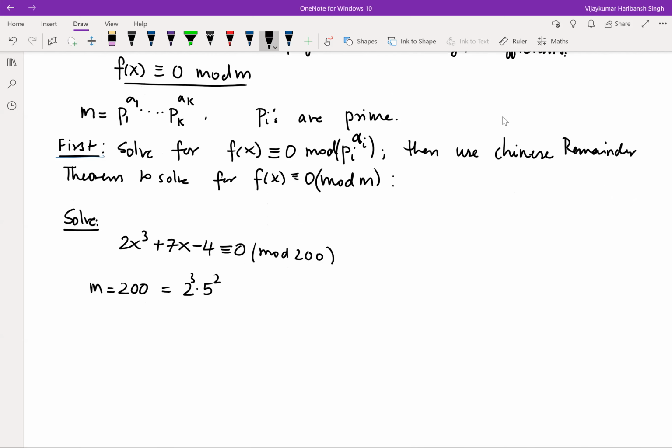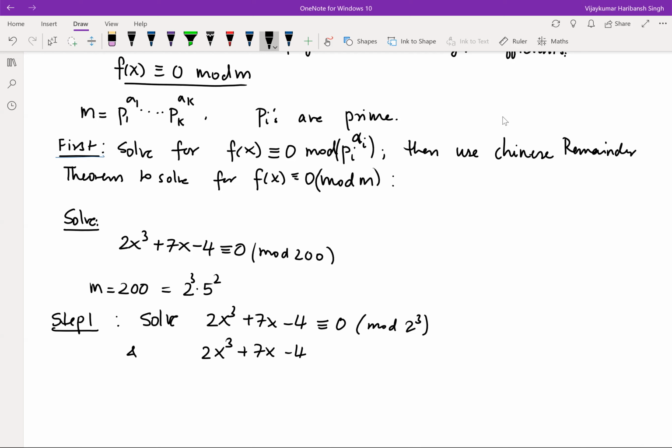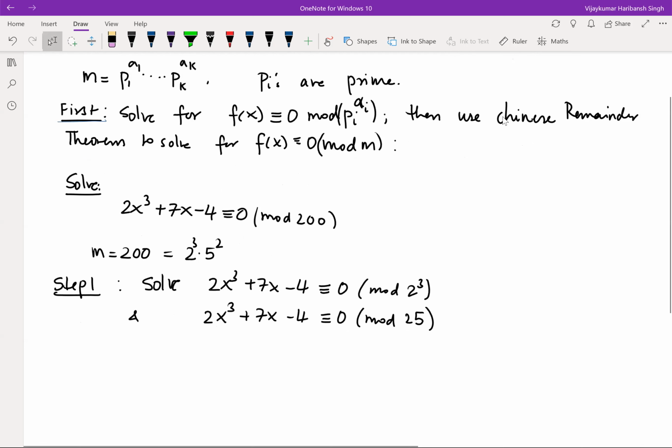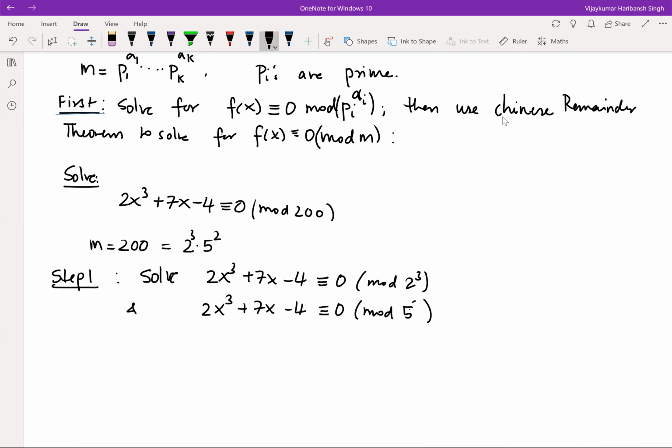So this is equivalent to solving, step one, 2x cubed plus 7x minus 4 congruent to 0 mod 2 to the power 3 and 2x cubed plus 7x minus 4 congruent to 0 mod 25, which is 5 squared. And then use Chinese remainder theorem too.